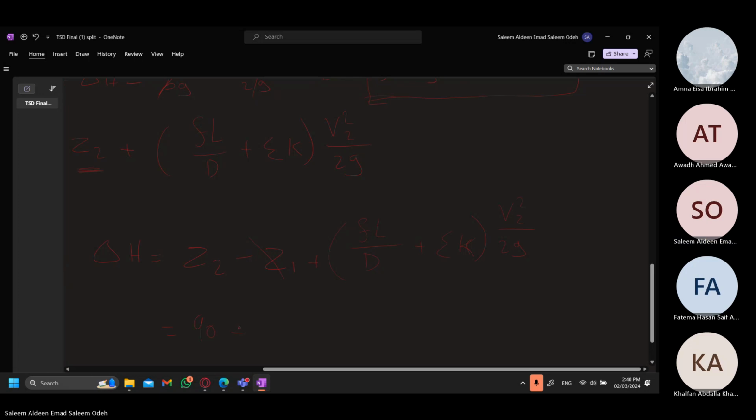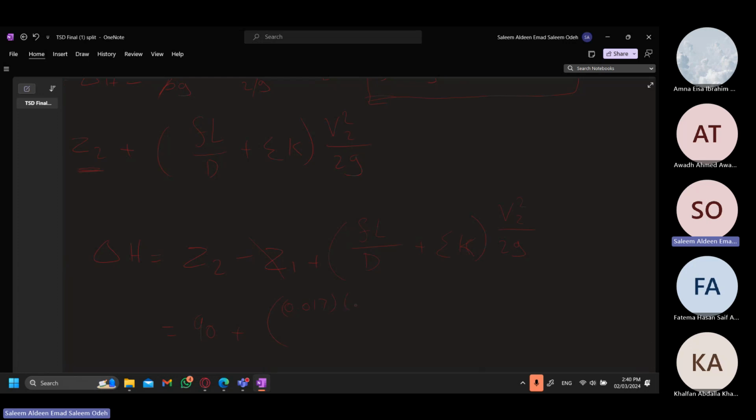So Z2, 90, plus 0.017 for the friction coefficient, L being 153 meters. The diameter of the pipe, not the tank, is in meters.